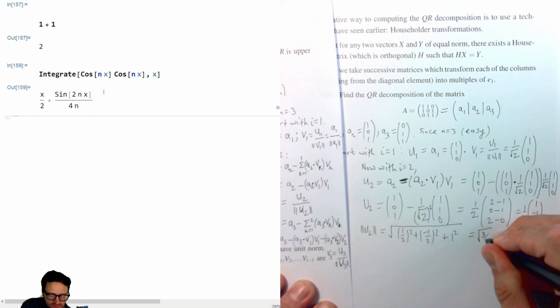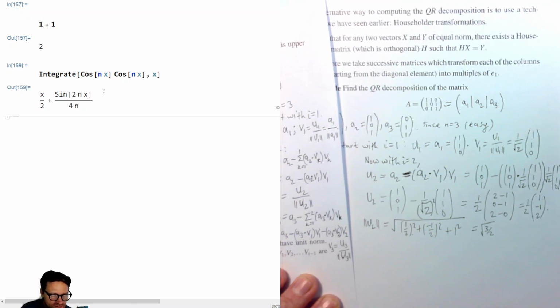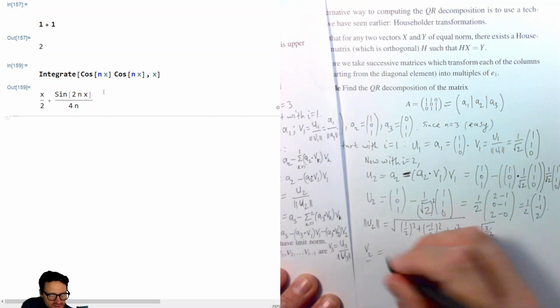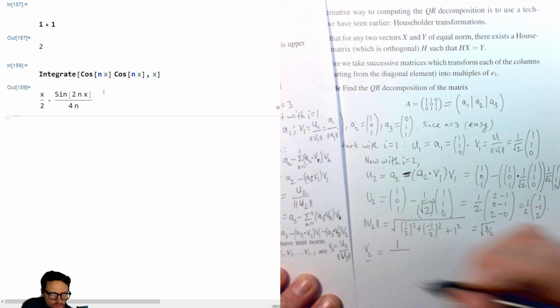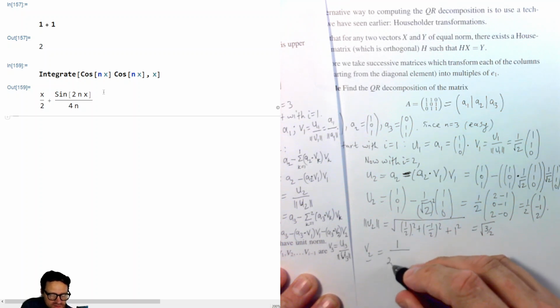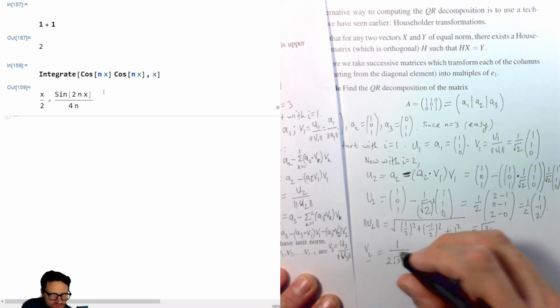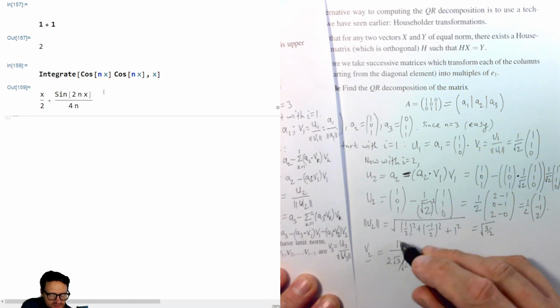So the norm is root 3 on root 2. Now I need to divide this vector by root 3 on root 2. So V2 is 1 on 2 times root 2 over root 3, but I'll put the root 2 on the top eventually.